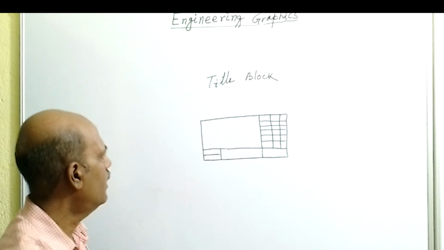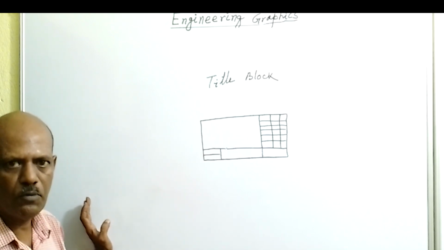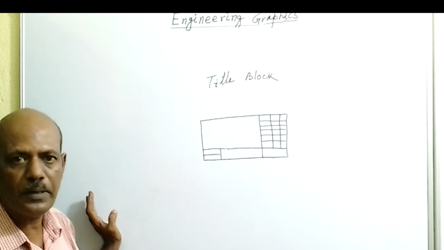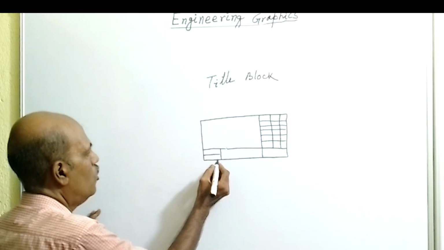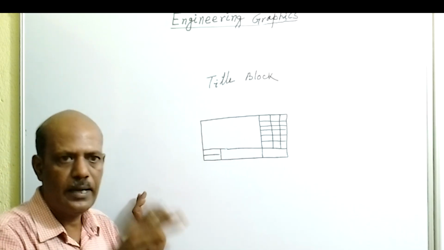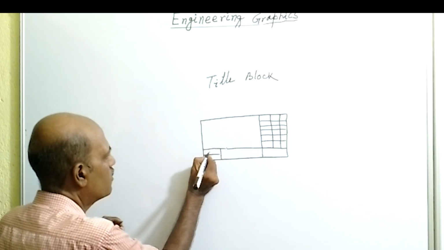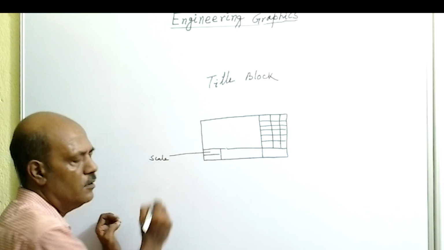So this is the title block. The various information contained in the title block is the information related to that particular drawing which is drawn on that sheet. The title block is drawn at the right hand bottom corner of the sheet, and this box contains the information of scale.